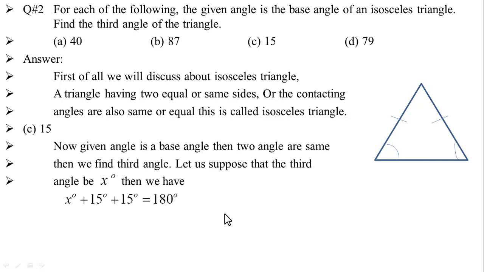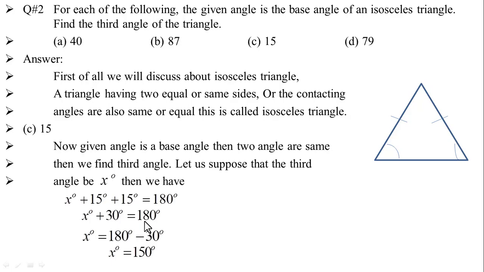We write x plus 15 degree plus 15 degree is equal to 180 degree. Then we add 15 plus 15, which is 30. We can write that x plus 30 degree is equal to 180 degree. Now x is equal to 180 minus 30, so x is equal to 150 degree.